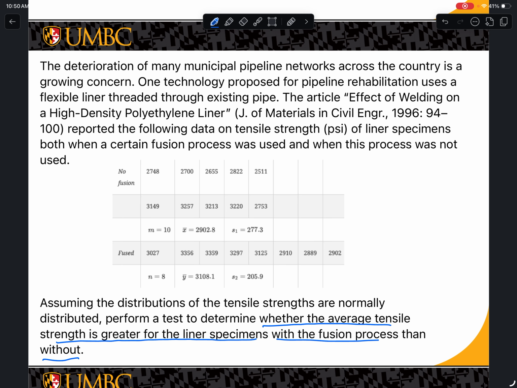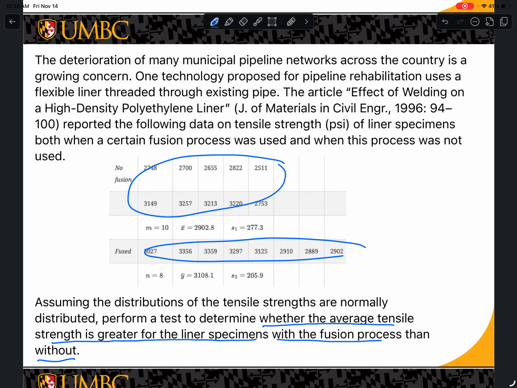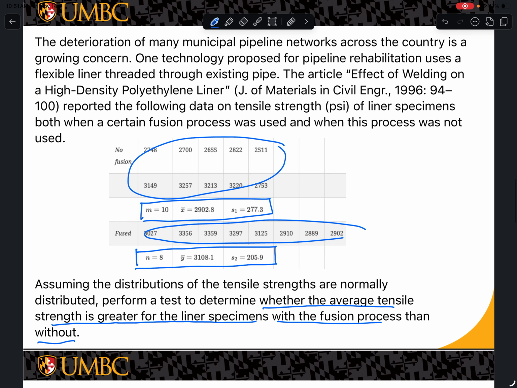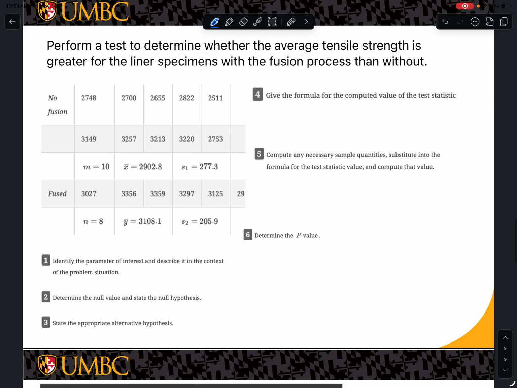And that's going to determine what your alternative hypothesis looks like. So let me just show you guys this data that we have here. It shows the individual values for each group, right? But then it also just gives you right here the information that you need for calculating the test statistic for this two-sample t-test.